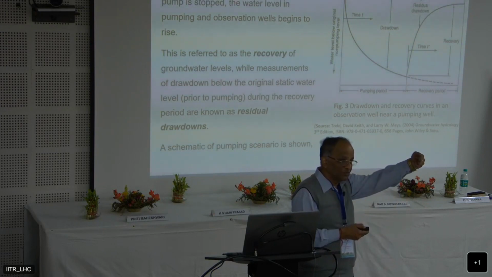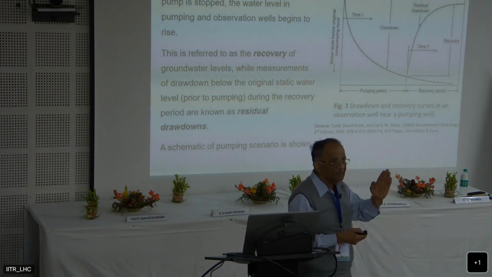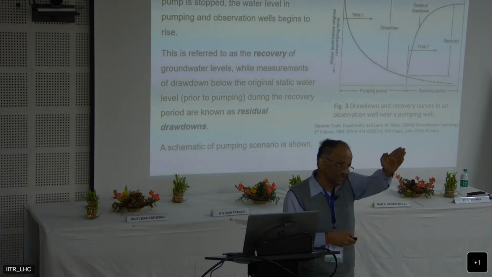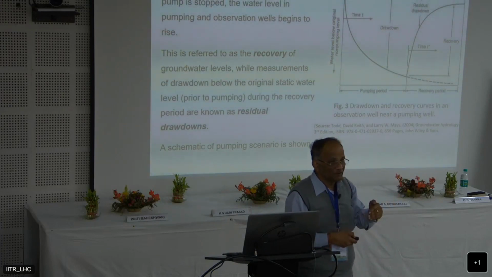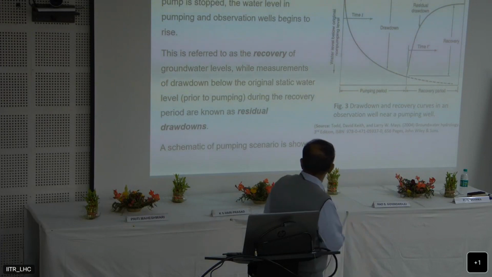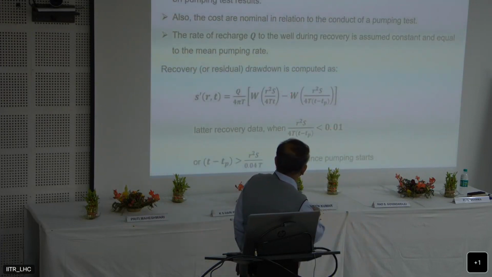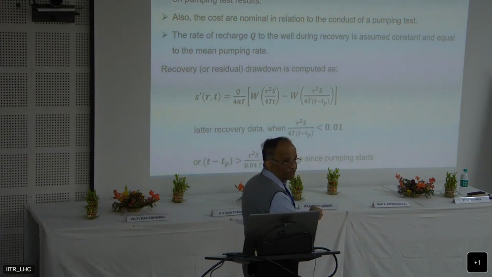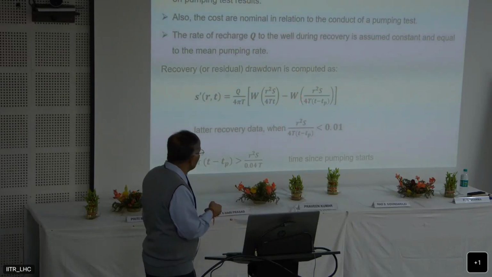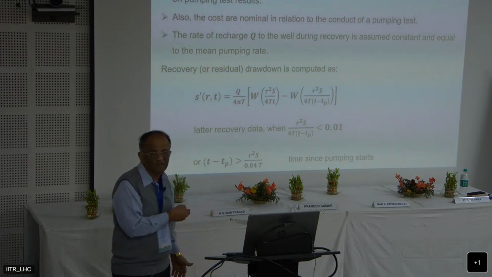You add Q and subtract Q from TP. The original Q will continue from T equals 0, but the negative value, which is why we use minus Q, will start from TP. So S dash will go on decreasing, because this value will be increasing much faster as compared to this, and after some time it becomes 0, meaning the residual drawdowns are 0.